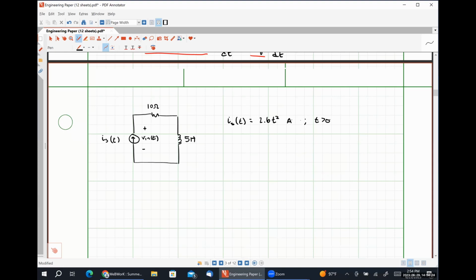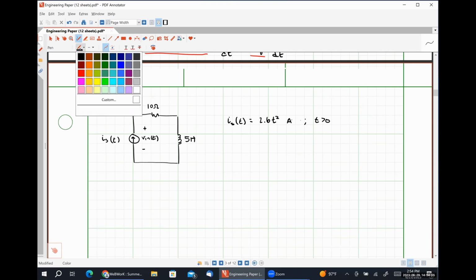So that's definitely going to be part of it, but I'm thinking about what my end goal is here. My ultimate goal is to solve for this voltage Vn. So when I look at this circuit, I see a single loop circuit because all of the elements are connected in series, and that means Kirchhoff's voltage law is going to play some role here.